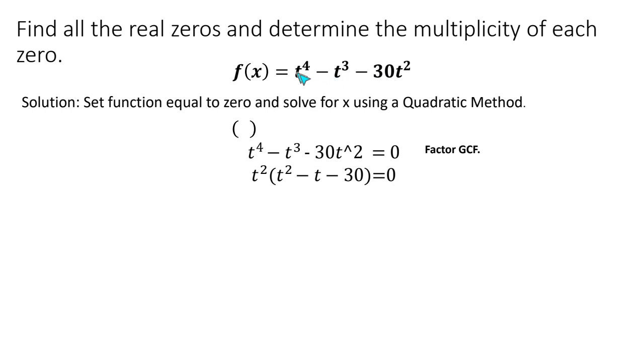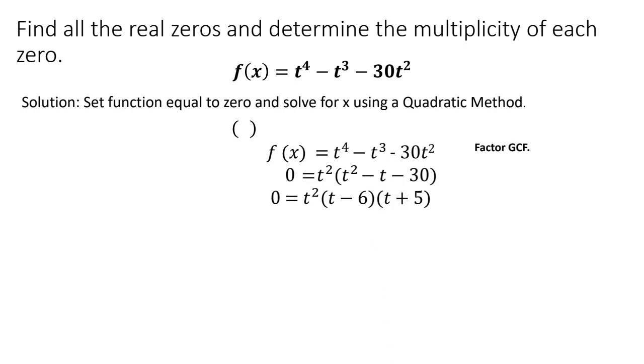Notice they all have at least a t squared in common, so I can factor out a t squared. t squared times t squared is t to the 4th, t squared times -t is -t cubed, and t squared times -30 is -30t squared. Then in the parentheses, I can see that I have something quadratic, so I can try to factor this as well. So I get t minus 6 times t plus 5.